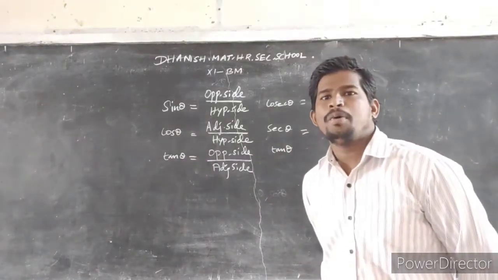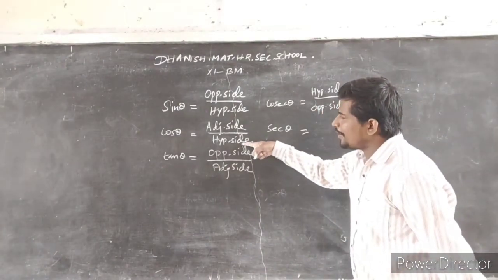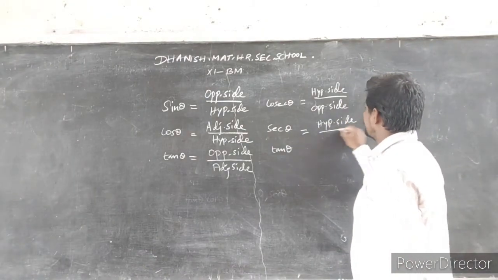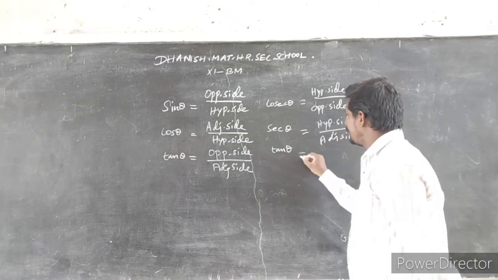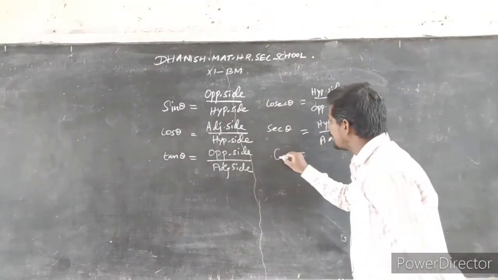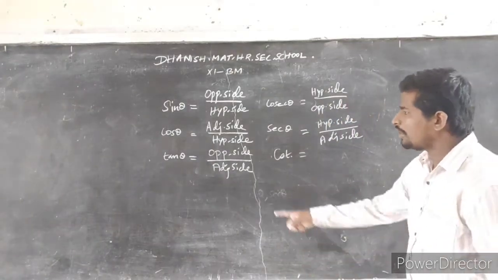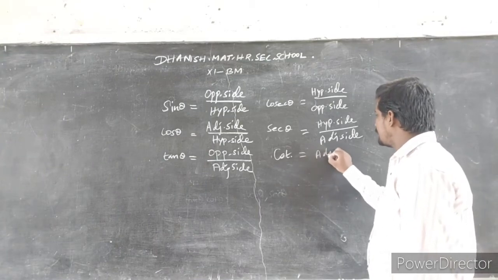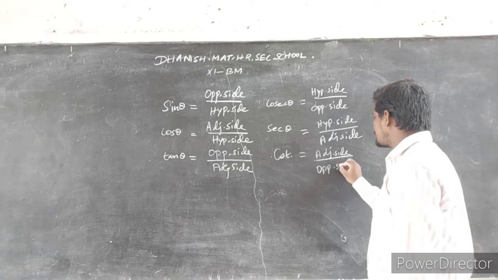Since secant is the reciprocal of cos, secant is the ratio of hypotenuse side and adjacent side. Cot theta is the reciprocal of tan theta, so cot theta is the ratio of adjacent side by opposite side.